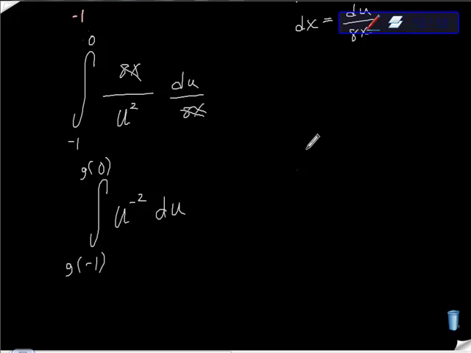And g of 0 is 4 times 0 squared plus 1, which is 1. And g of negative 1 is 4 times negative 1 squared plus 1, which is equal to 5.